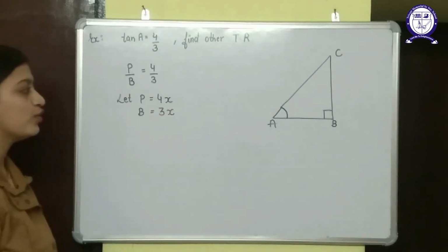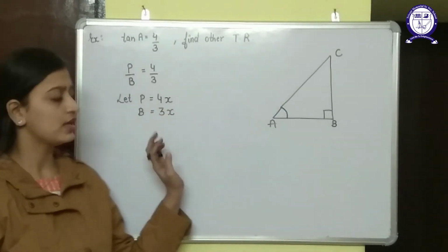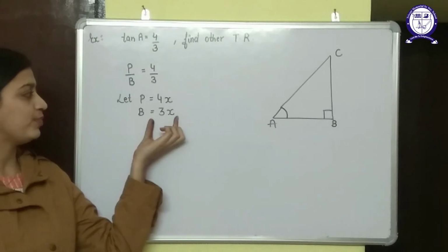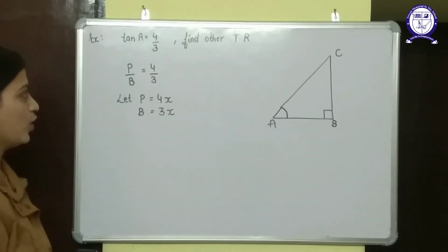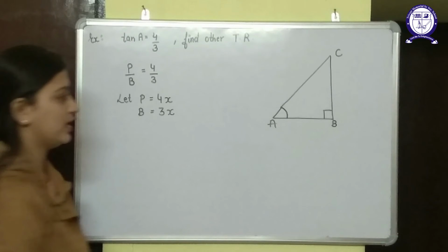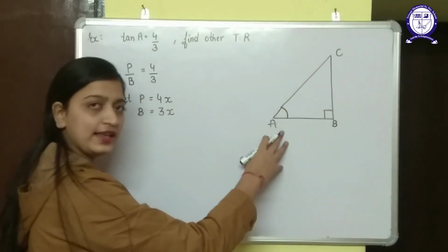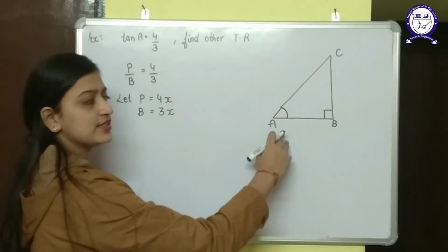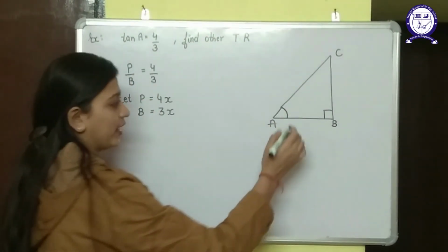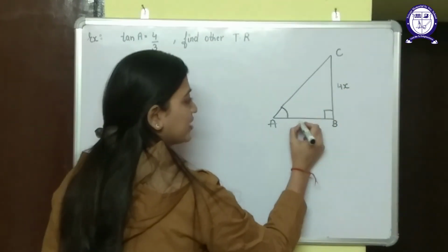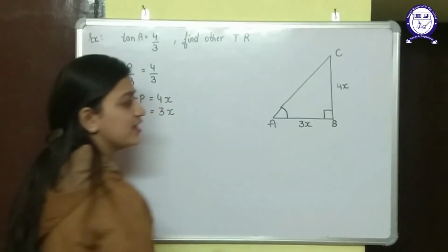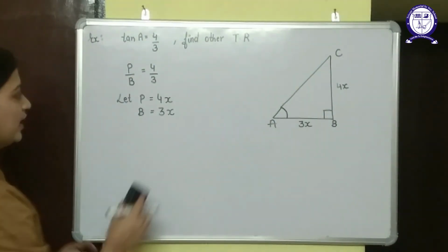That is, we don't know the value of x, but the values of P and B will be a multiple of x. So this is 4x and 3x. For angle A, perpendicular is the side which is opposite to angle A, that is this side, my 4x, and base is the side adjacent to angle A, that is 3x.